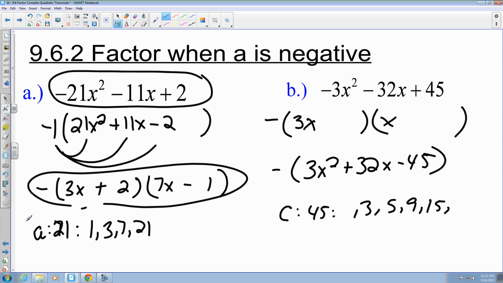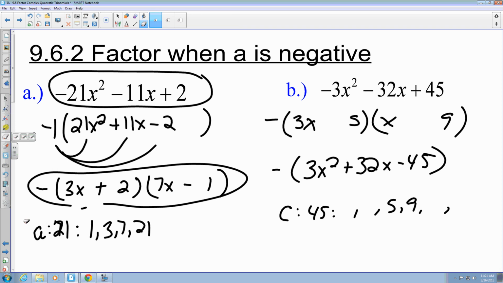So let's try 15 and 3. Now I got 15 minus 9, which is going to give me 12. So that's not right. We found out both combinations of 3 and 15 won't work. Now all we're left with is 5 and 9. So let's try 5 here and 9 here. That's going to give me 27 minus 5, which is 22.